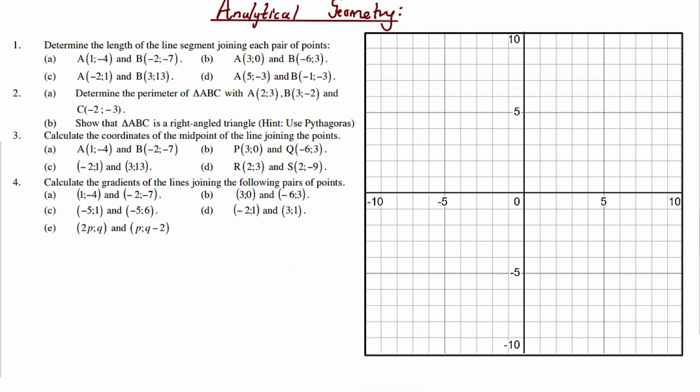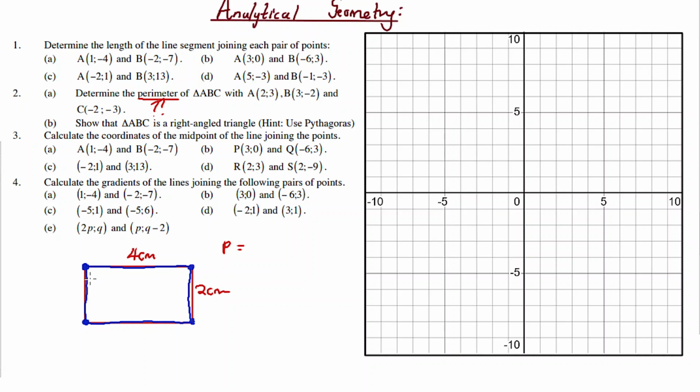So let's jump to number 2. But first, let's start off by plotting the points. They want us to determine the perimeter. What is the perimeter, by the way? Let's say I have a shape like this, which is a rectangle. This side is 4 centimeters, this side is 2 centimeters. The perimeter for this shape is the distance around the shape. The distance from here to here, then here to here, then here to here, and then here to here.